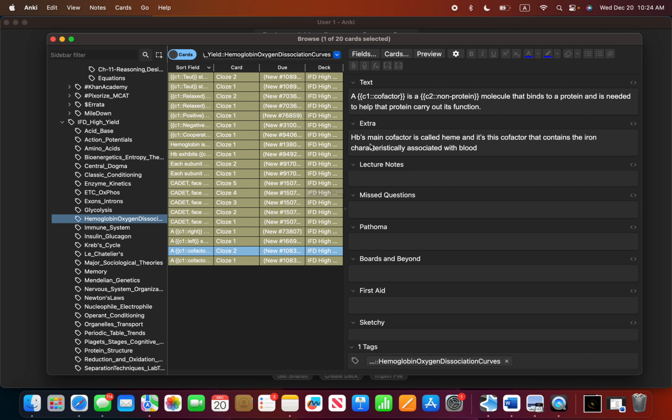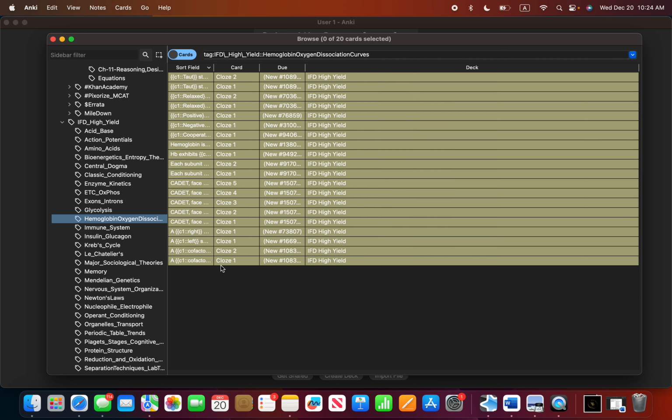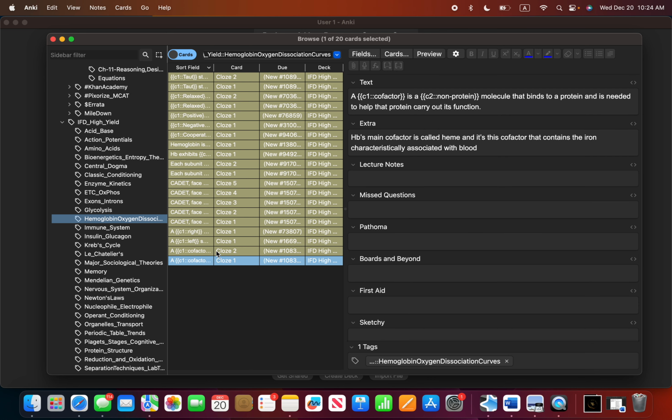A cofactor is a non-protein molecule that binds to a protein and is needed to help that protein carry out its function. There is a subtle difference between cofactors and, what was it? We'll come to it.